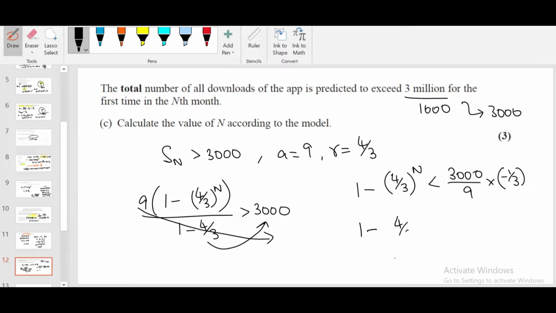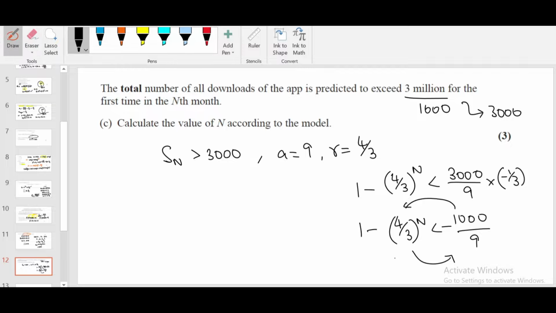So 1 minus (4/3) to the power n is less than negative 1000 over 9. Bring this number over, so it becomes 1 plus 1000 over 9 is less than (4/3) to the power n.